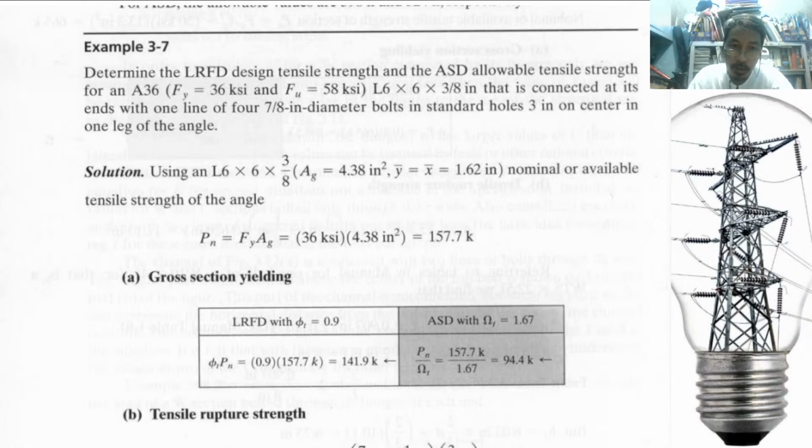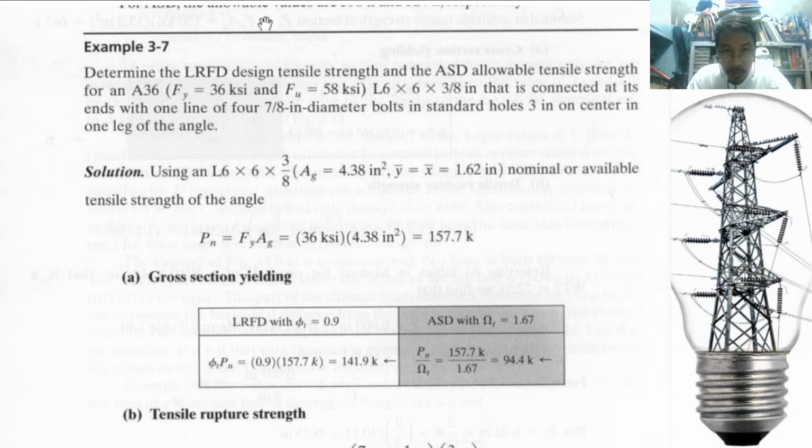So FU is actually 58. You need to familiarize yourself, so you have to even memorize A36 is equal to 36/58, A572 equal to 50/65. You can memorize it like that.